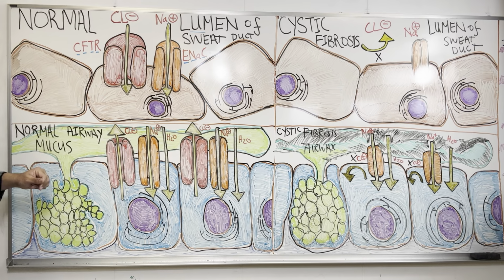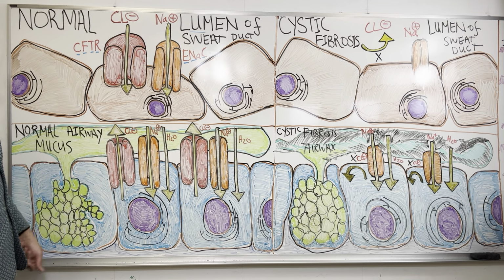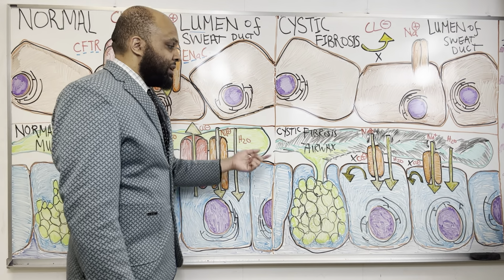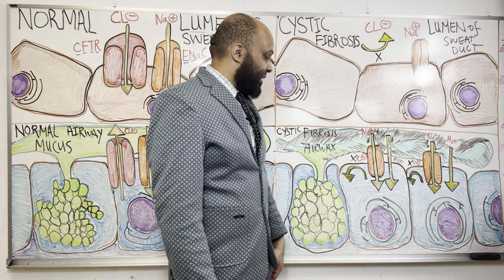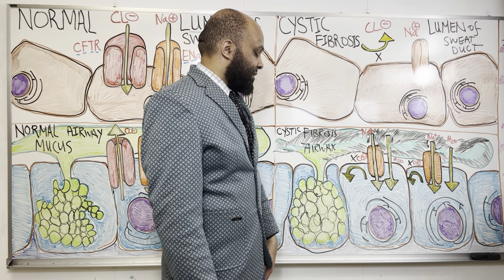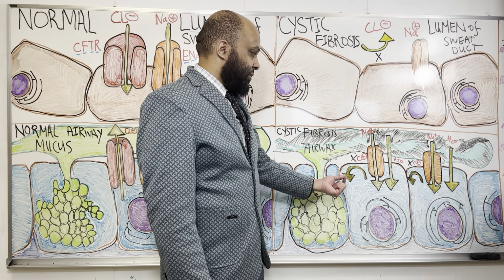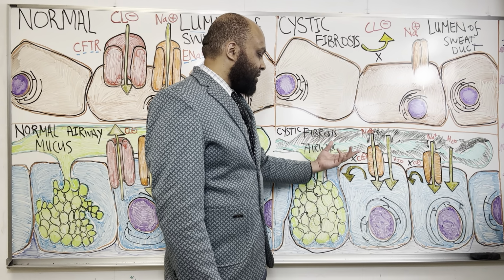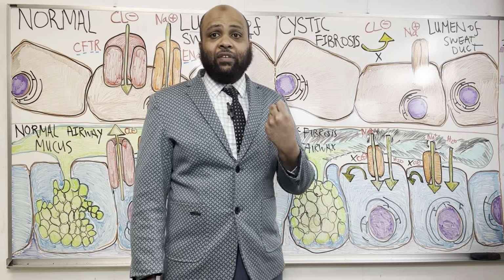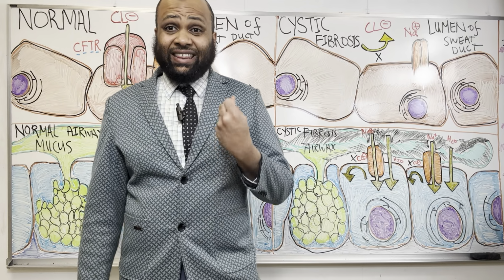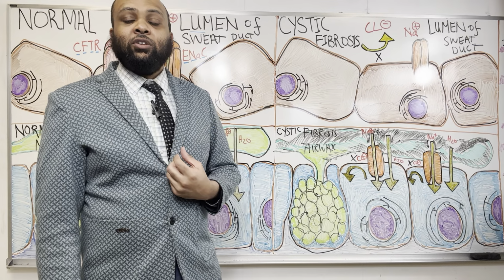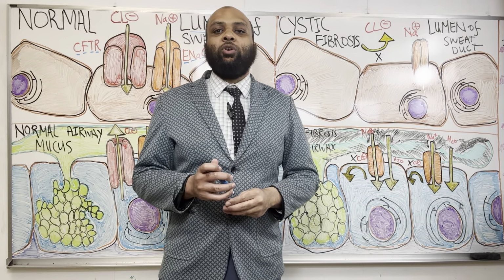And if you look inside in the airway, chloride is being thrown out, sodium is being brought inwardly. But in the cystic fibrosis patient, since there's no chloride, chloride remains sequestered inside the cell, and sodium follows to the inside of the cell, and you have water following sodium. So the mucus is going to be very viscid, very thick and very viscous. So now we understood what goes wrong.